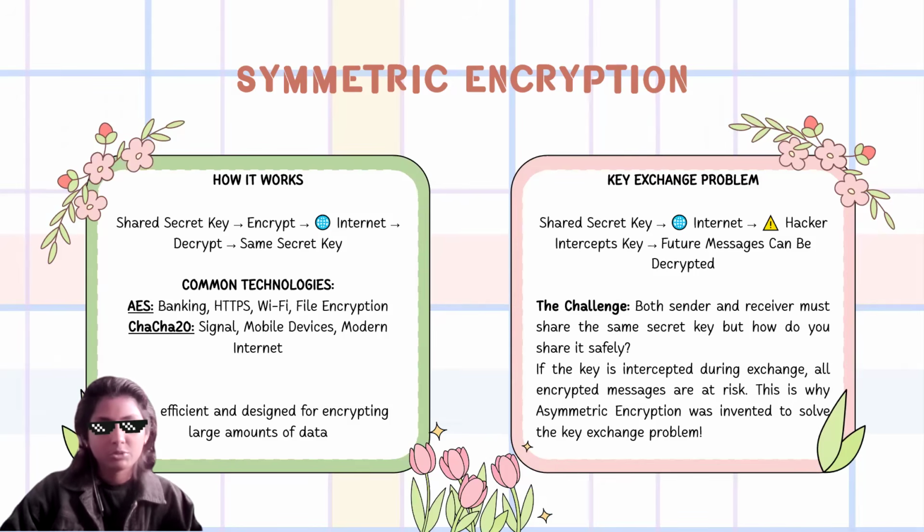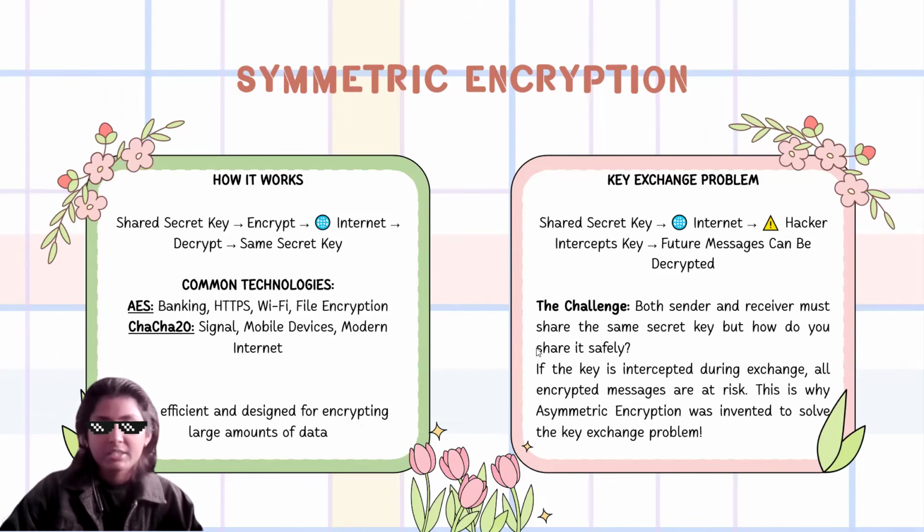That's why symmetric encryption is used whenever large amounts of data need to be protected, including messages, photos, videos, files, or cloud storage, and data that is sent after a secure website connection has been established. The problem is that both people must already have the same key.